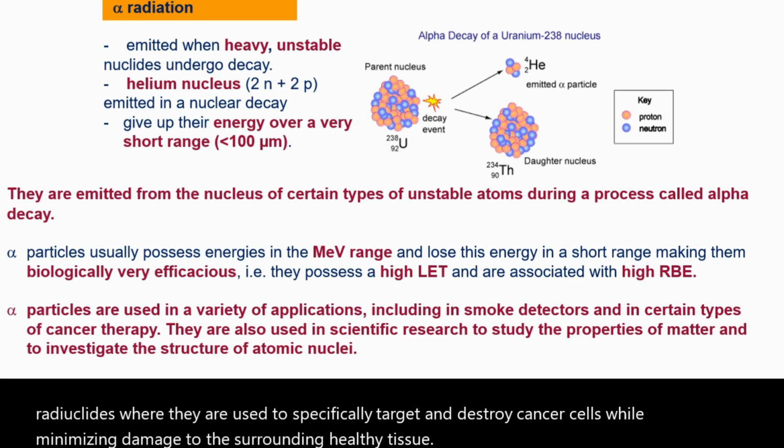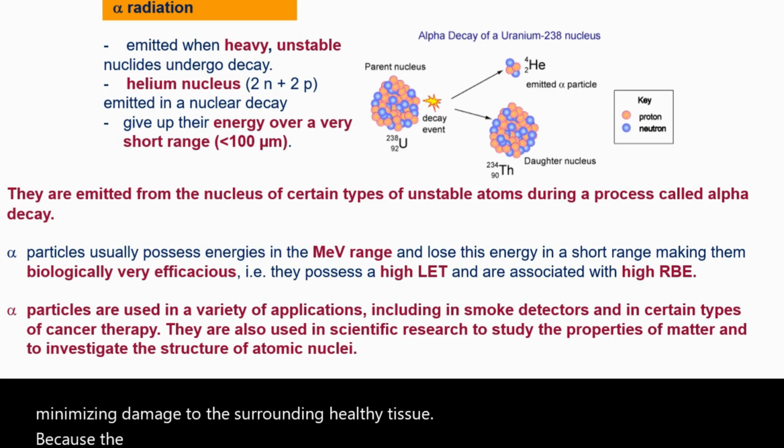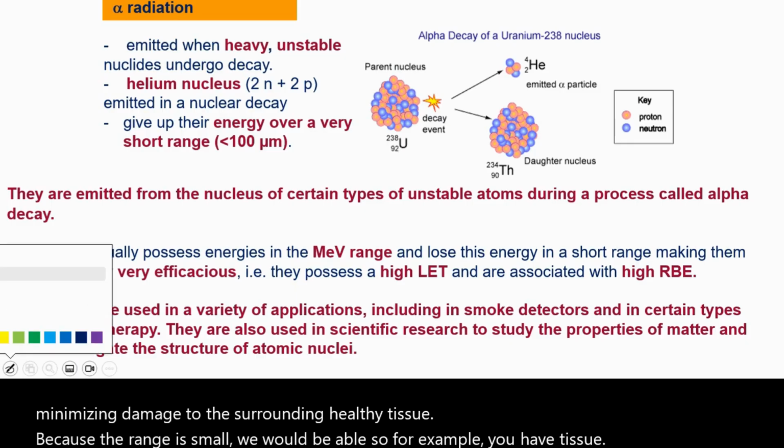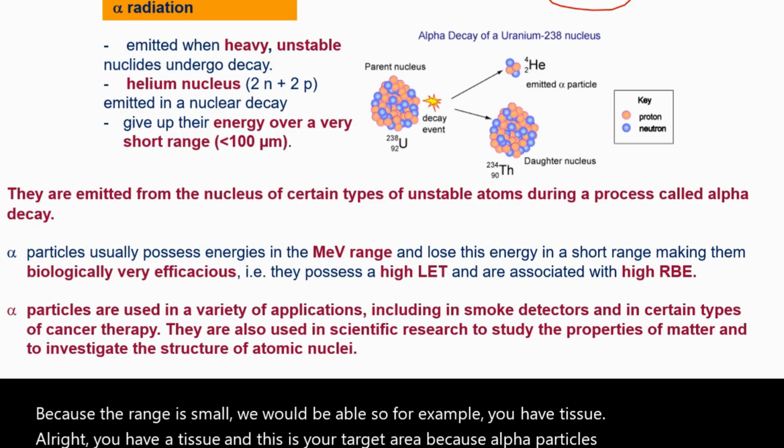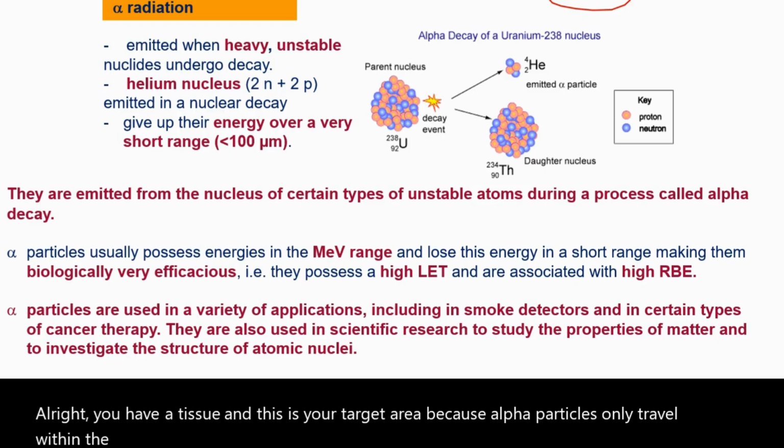Because the range is small, for example, you have a tissue, and this is your target area. Because alpha particles only travel within a short distance, the surrounding healthy tissue can be preserved.